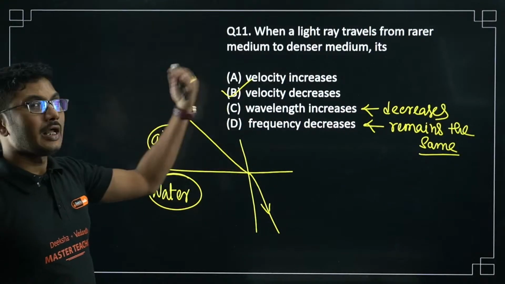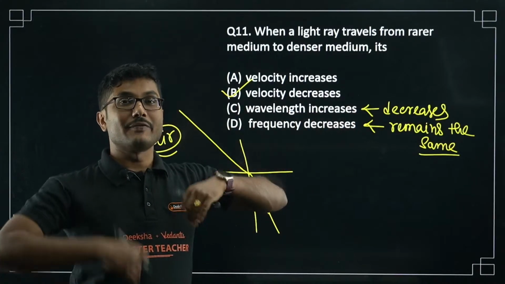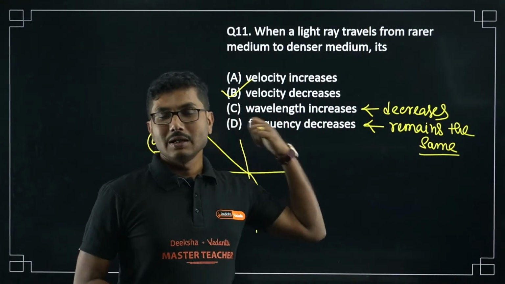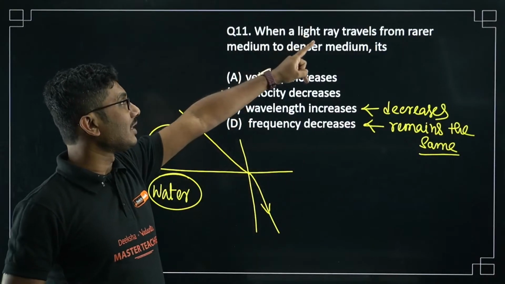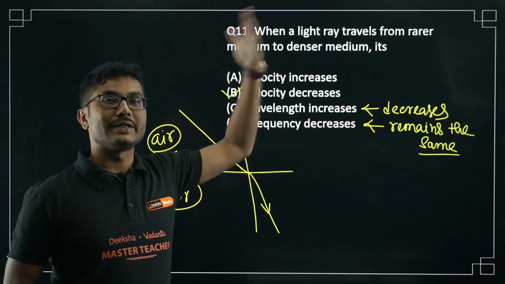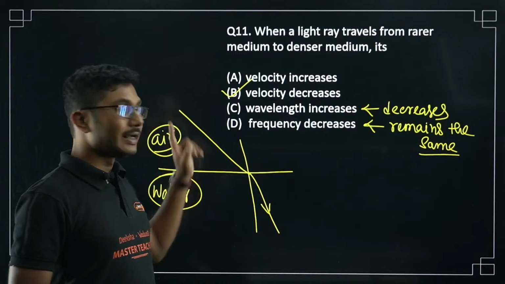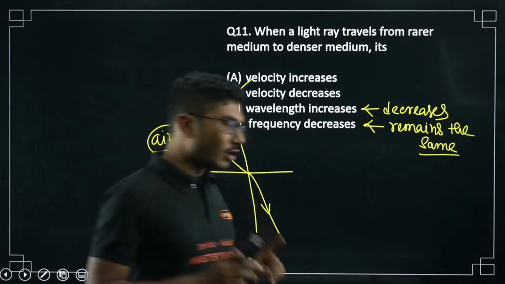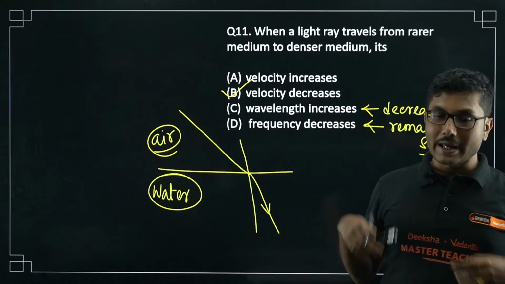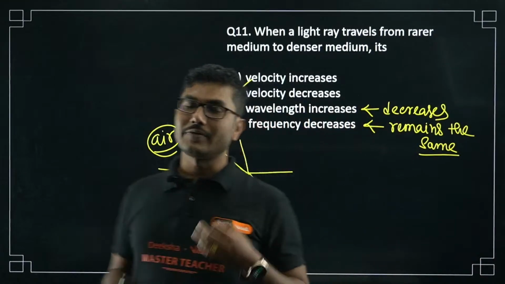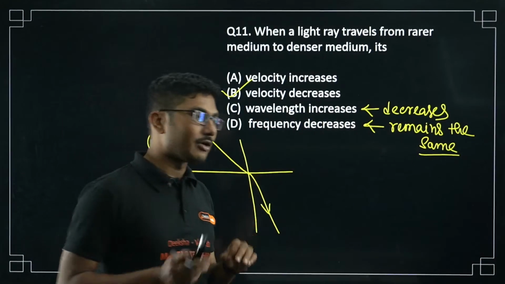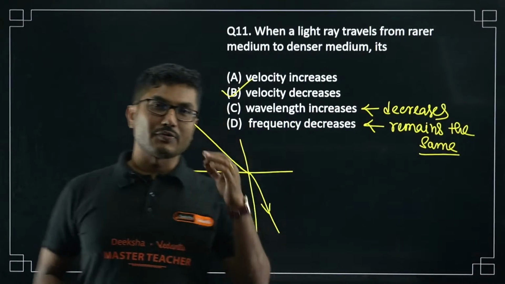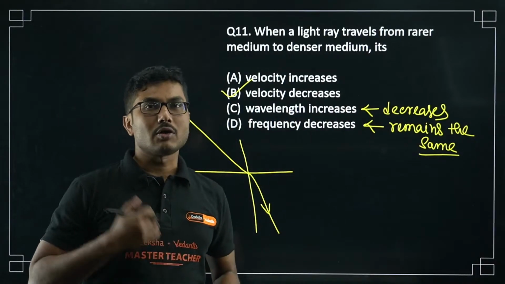Even if the question is asked with different options, you have to understand that wavelength decreases as the light ray travels from rarer to denser and increases when it travels the opposite way, from denser to rarer medium. But frequency of light always remains constant, no matter where it is going. Frequency of light is a fundamental quantity; it changes only when the color of the light changes. So for a given color of light, frequency is always constant.